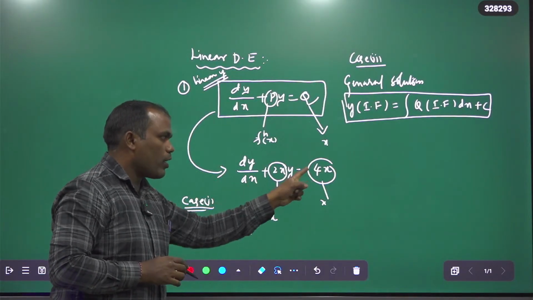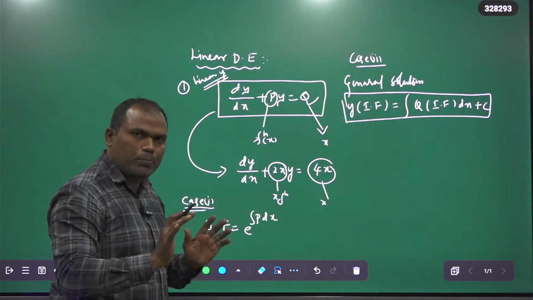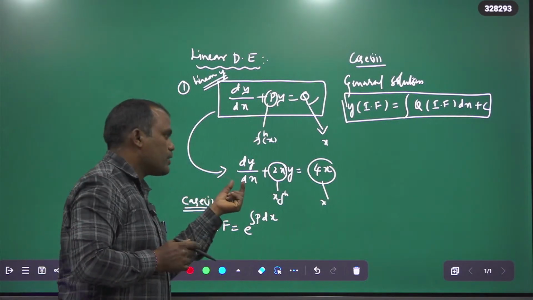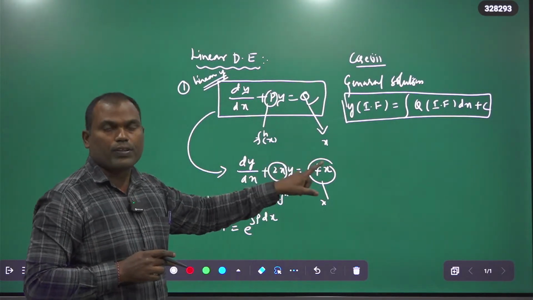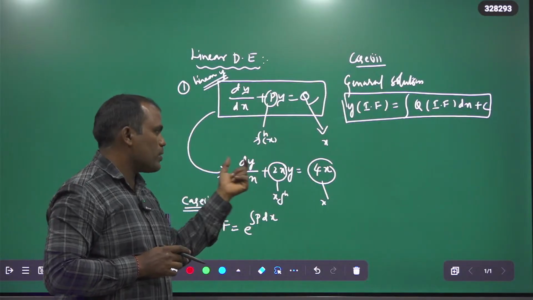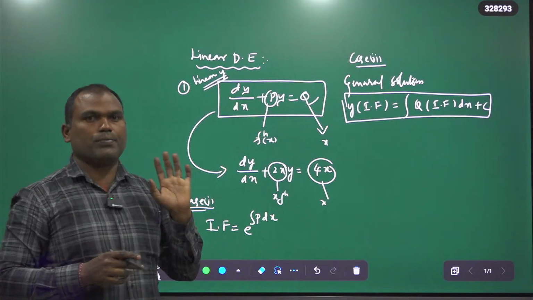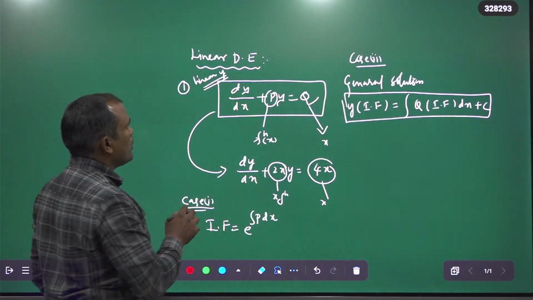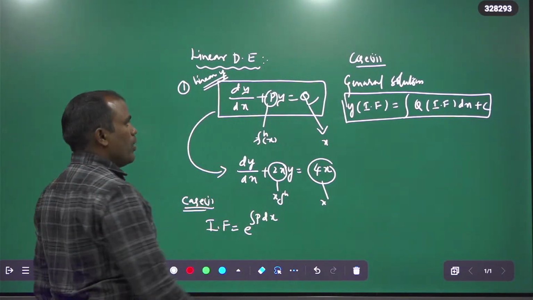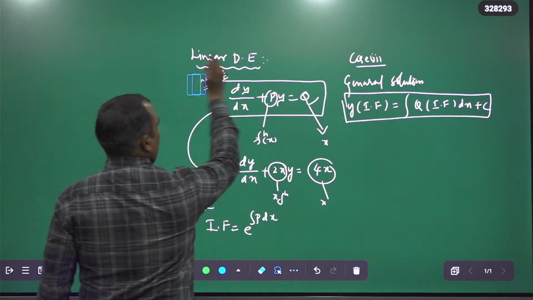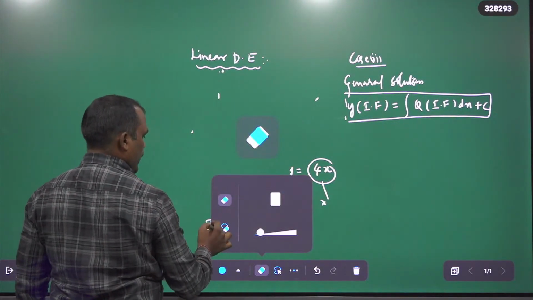Whenever a linear differential equation is given, first we should observe that on the LHS dy by dx is there. Immediately we should observe whether the RHS has an x function. Here dy by dx is there, so 100% the RHS should have only x functions with constants. Now this is a linear differential equation, linear in y and linear in x. Now linear in x.